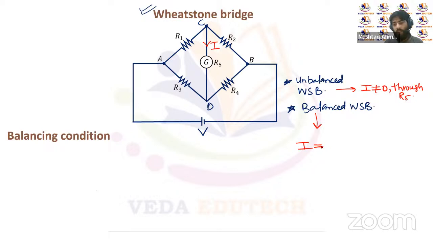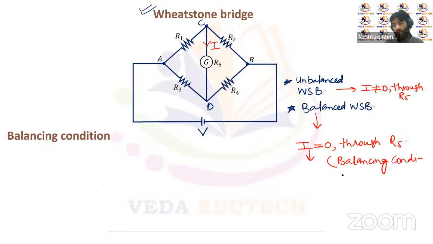In that case, we call this Wheatstone bridge balanced, right? I is equal to 0 through R5. So this condition we call the balancing condition, and such a Wheatstone bridge which is balanced, we call a balanced Wheatstone bridge, right?